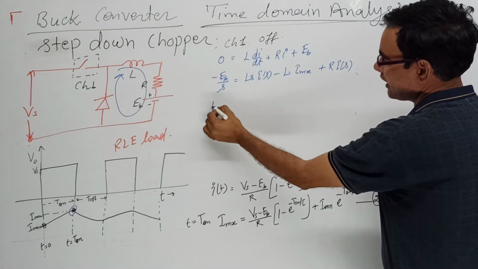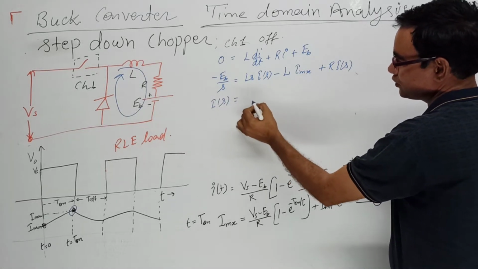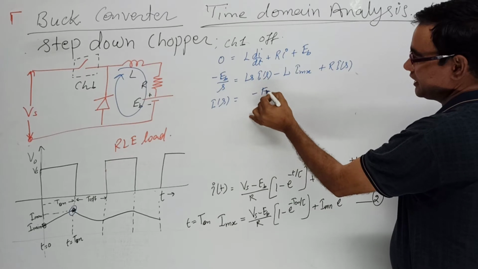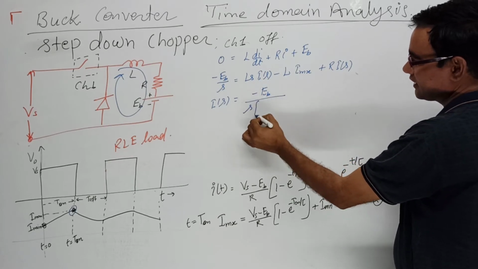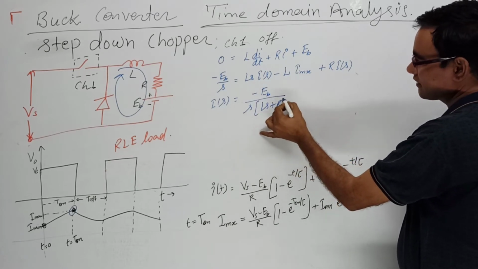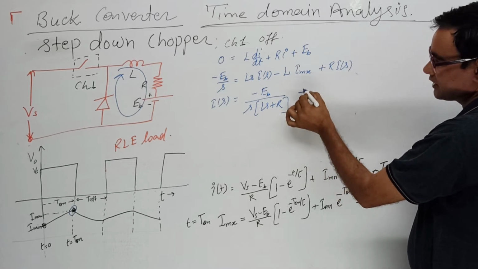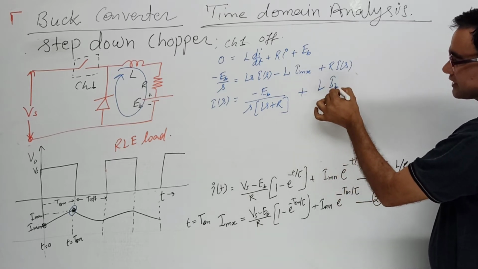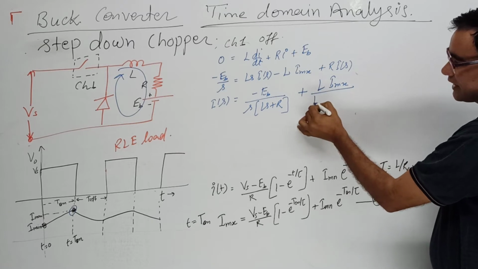So the value of I(s) is equal to minus Eb by s(Ls plus R) plus L I max divided by (Ls plus R).